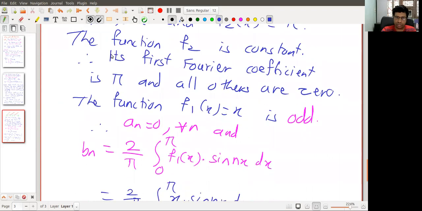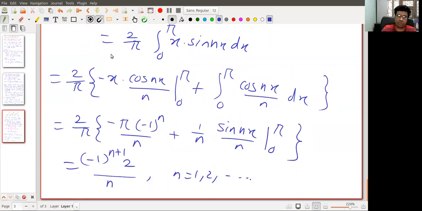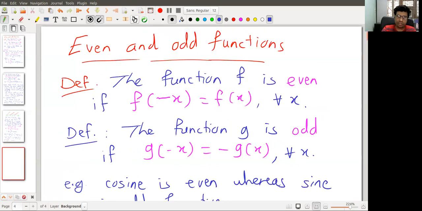So we can write the Fourier series of f by adding these coefficients.